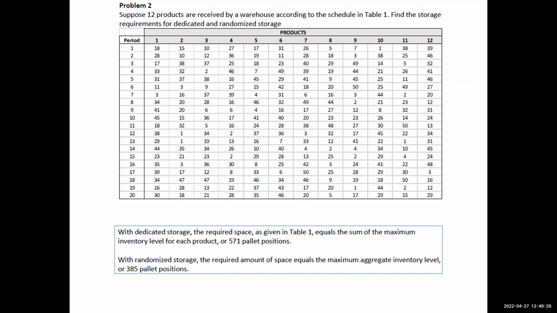That should give you 571 pallet positions. For randomized, you have to find the amount of space equal to the maximum aggregated inventory level for all products, and that should give you a total of 385. This problem is more time consuming than difficult to solve. It's just finding numbers.